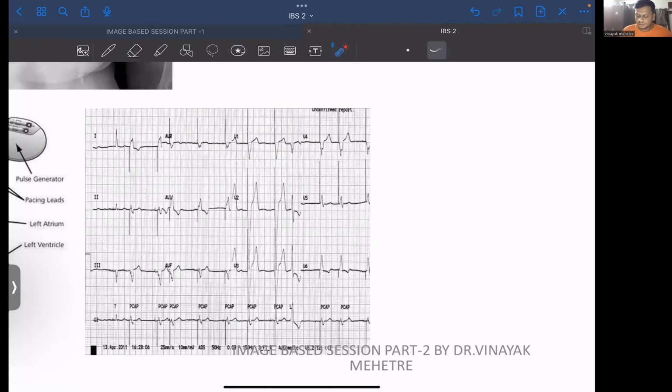Before declaring a patient dead with a pacemaker, what should we do? Remember, we have to remove that pacemaker. Second thing, our rituals for dead people involve burning, right?